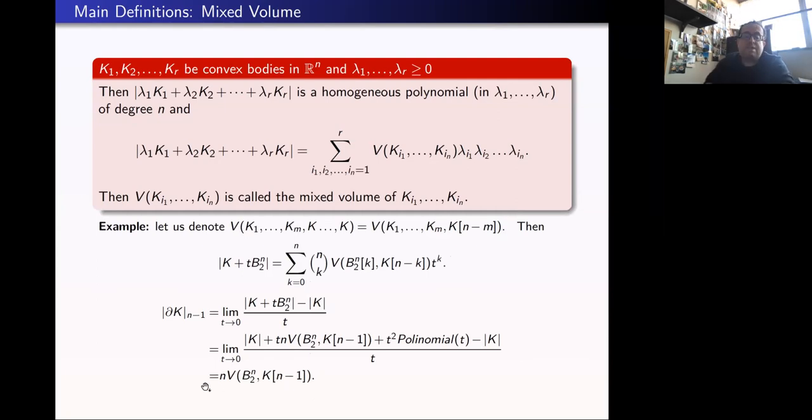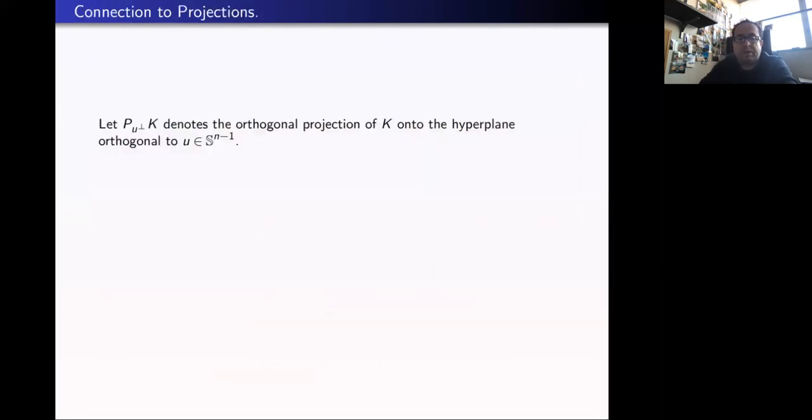So you already see that surface area can be seen as 1 over n times a mixed volume, and actually this 1 over n is essential, but theoretically it's less essential. Surface area can be seen as a mixed volume when you take a Euclidean ball once and the convex body n minus 1 times. There is another quite cool connection to projections, which is also very, very nice.